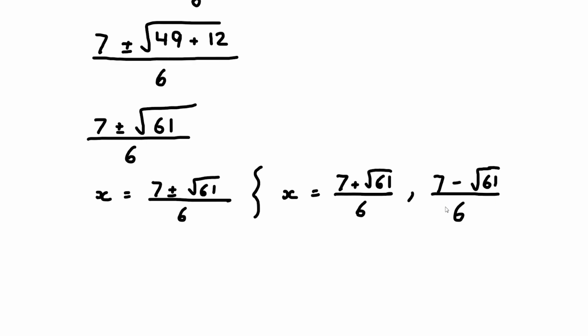So these are the two ways you can write it. You can write them as decimals, but I wouldn't really recommend that. It's better to just give the exact value unless the question asks for 3 decimal places or 4 significant figures or something like that. I would recommend writing it in its fraction form. And that's how you use the quadratic formula.